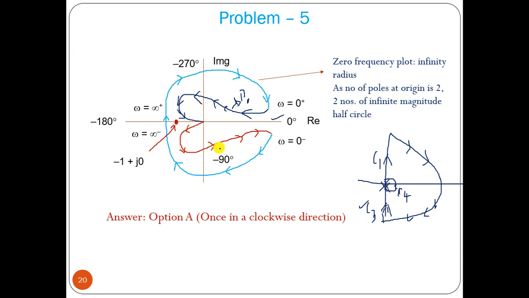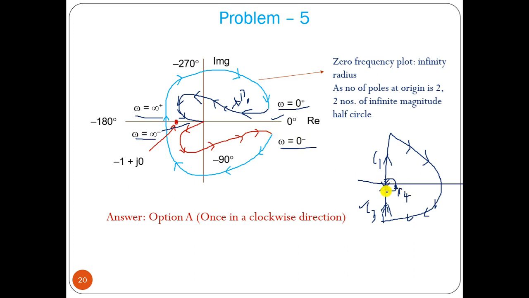After that, this is the C3 section of the Nyquist contour, that is the inverse polar plot. So we can draw the inverse polar plot, right? This is 360 degree to minus 180 degree, infinity to 0. This is 0 plus to infinity plus, and this is from infinity minus to 0 minus. Now we have this C4.